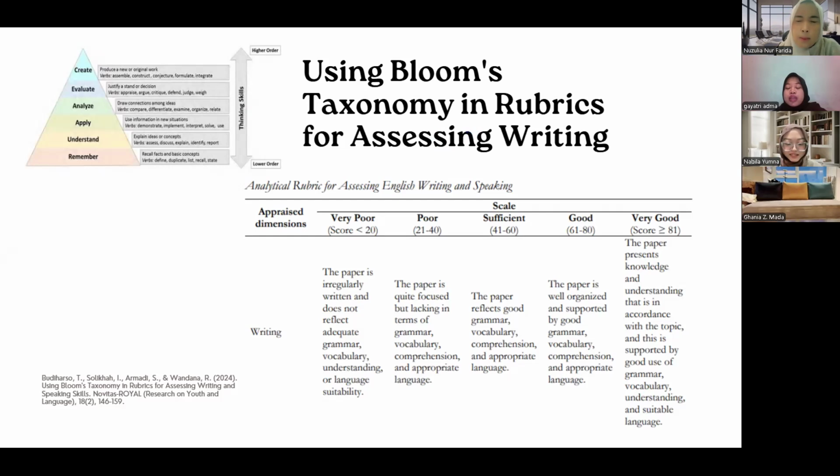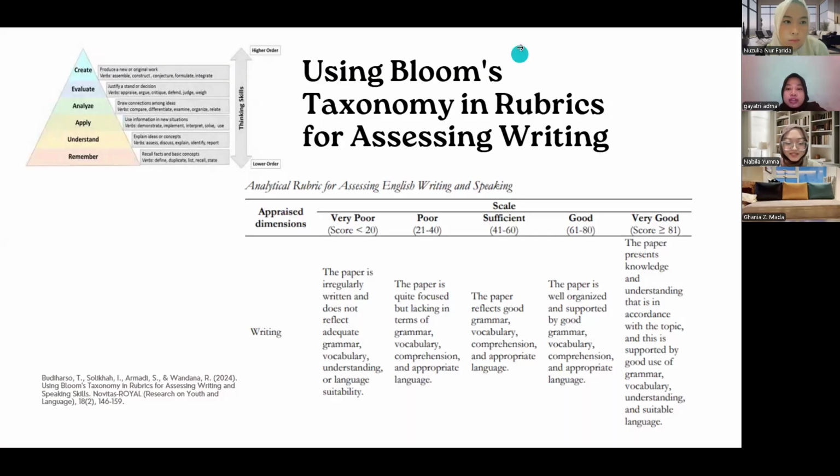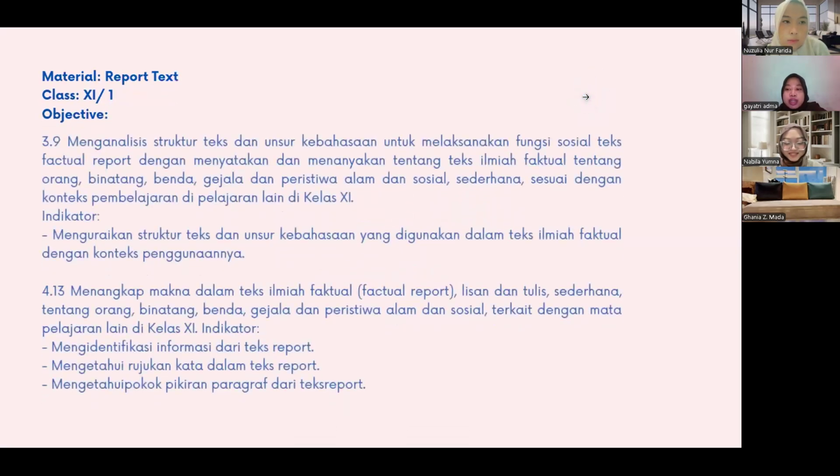When we want to assess our students, we know that we can use various kinds of tasks, right? And we can adjust the type of tasks based on the students' ability too.